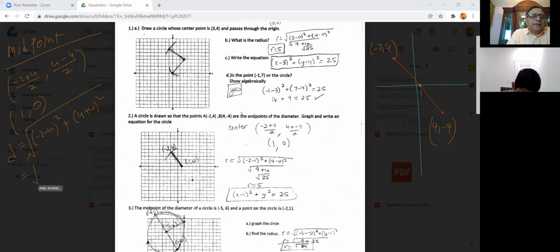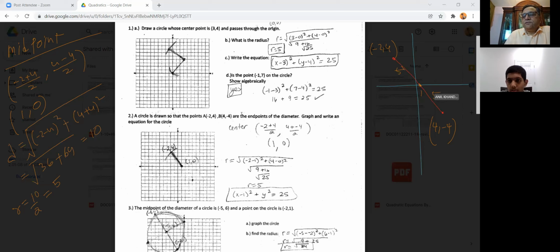So we have what? (-6) square is 36, plus 8 square, 64, right? Which is 100, and the square root is 10. So we have a diameter of 10, and the radius will be 10 divided by 2, which is 5, correct? Yeah. So we have both the center and the radius, which is 5, right?